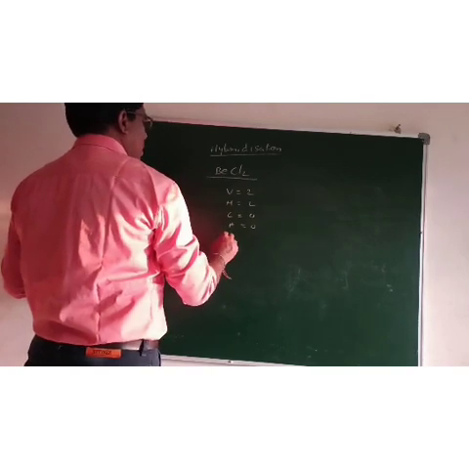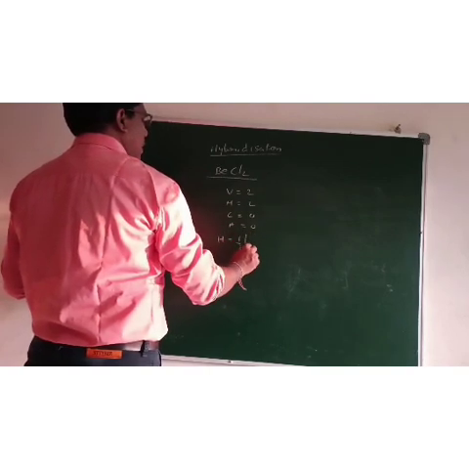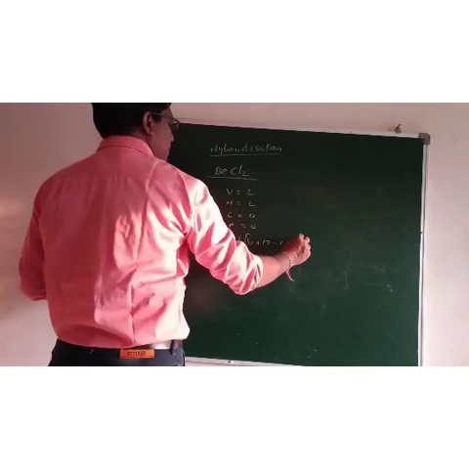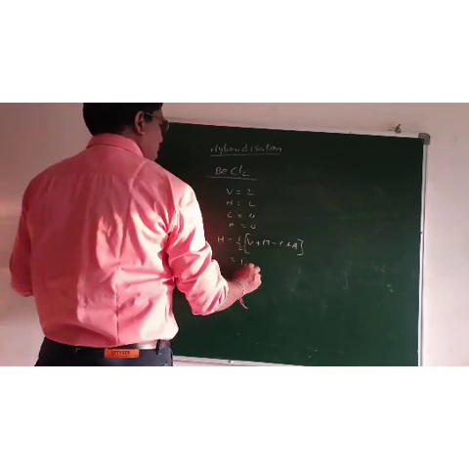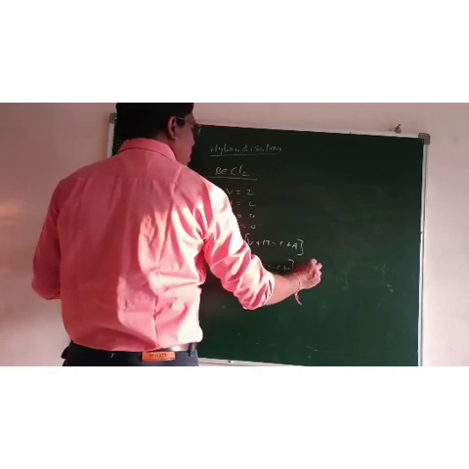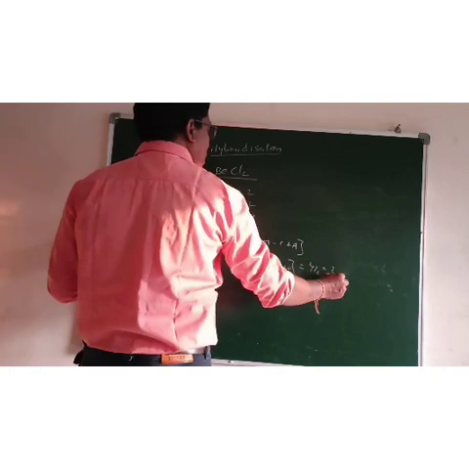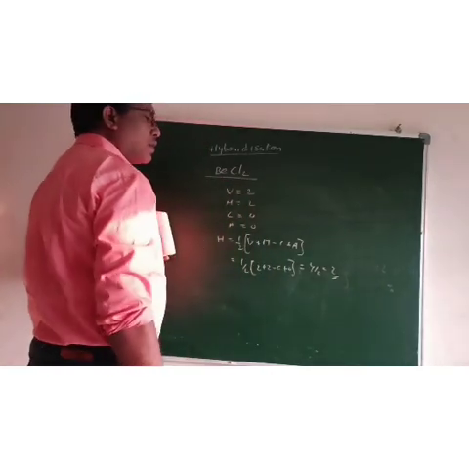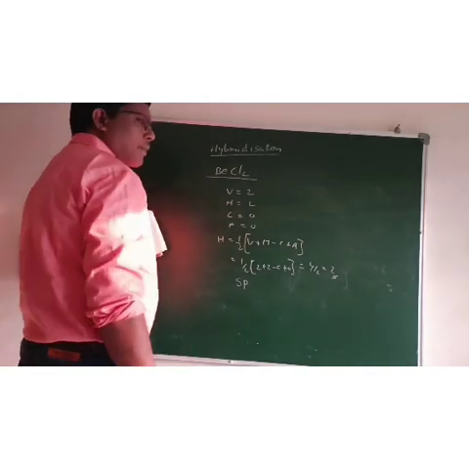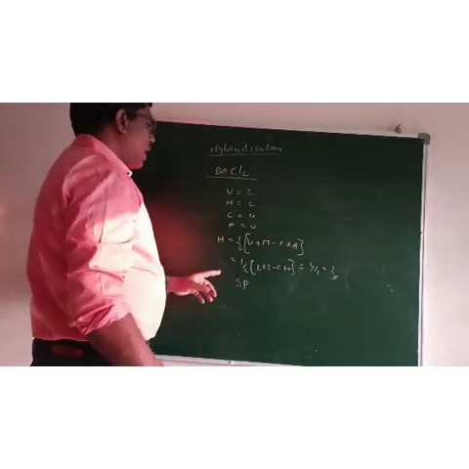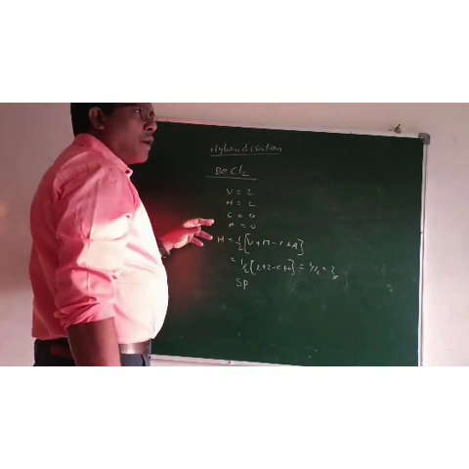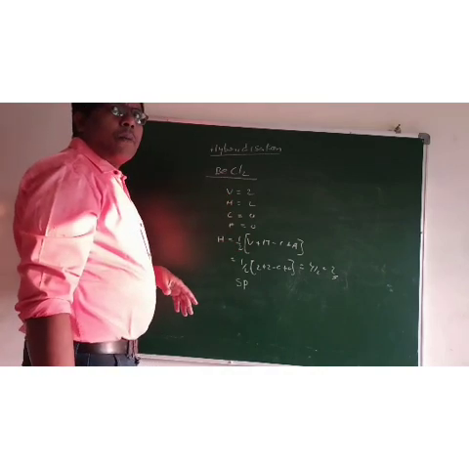Substitute in our formula, H equal to 1 by 2 (2 plus 2 minus 0 plus 0), 4 by 2. Finally H value is 2. Then if H value is 2, its hybridization is sp. So in this way we calculate the hybridization of the central atom in neutral molecules. For this we take another example, methane.